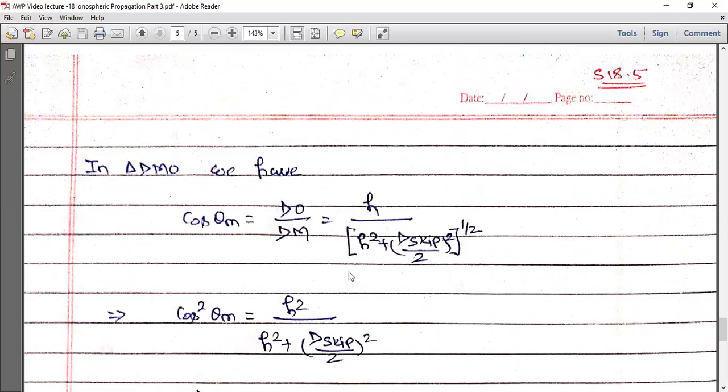DM will be the hypotenuse, and hypotenuse square will be equal to base square plus perpendicular square. So base square is h square, plus perpendicular with respect to theta m is D skip by 2, so D skip by 2 whole square. And since this is only the hypotenuse, not hypotenuse square, that's why we have the power 1 by 2 here.